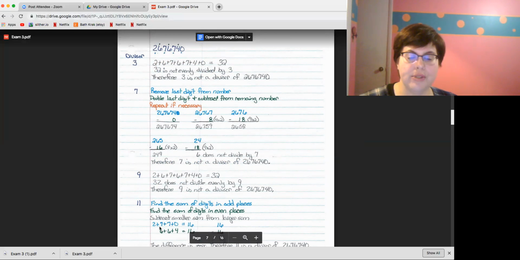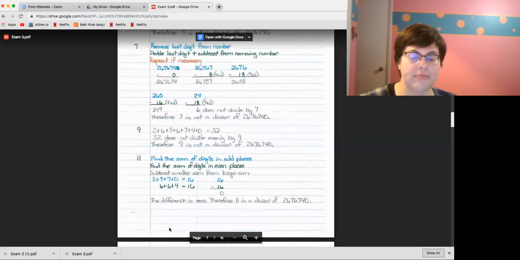We add those up. 2 plus 7 plus 7 plus 0 is equal to 16. Then we're going to find the sum of digits in even places. 4, 6, 6. Down here you see 6 plus 4, 6 plus 6 plus 4 is equal to 16. 16 minus 16 is equal to 0.